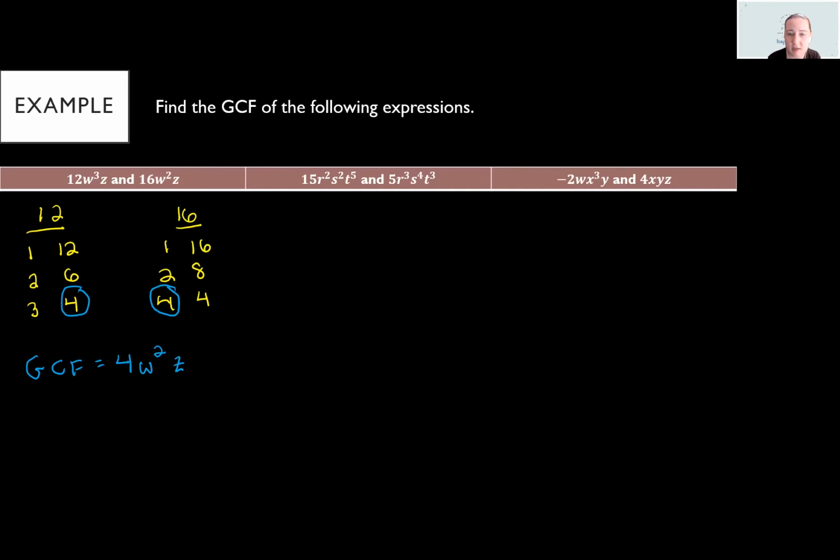They both have a Z. So that's part of your greatest common factor. So overall, the greatest common factor is 4W squared Z. So you just work piece by piece. Numbers, and then look at your variables and go through each variable basically in alphabetical order.